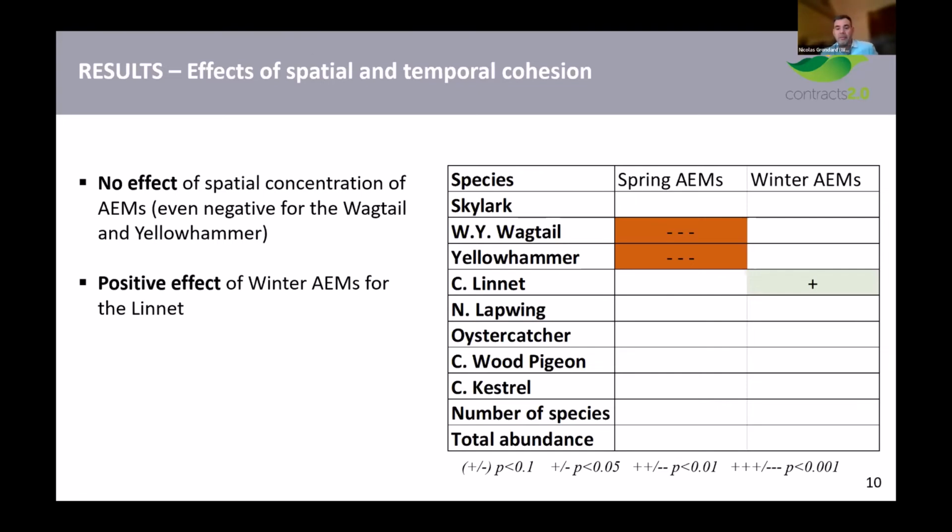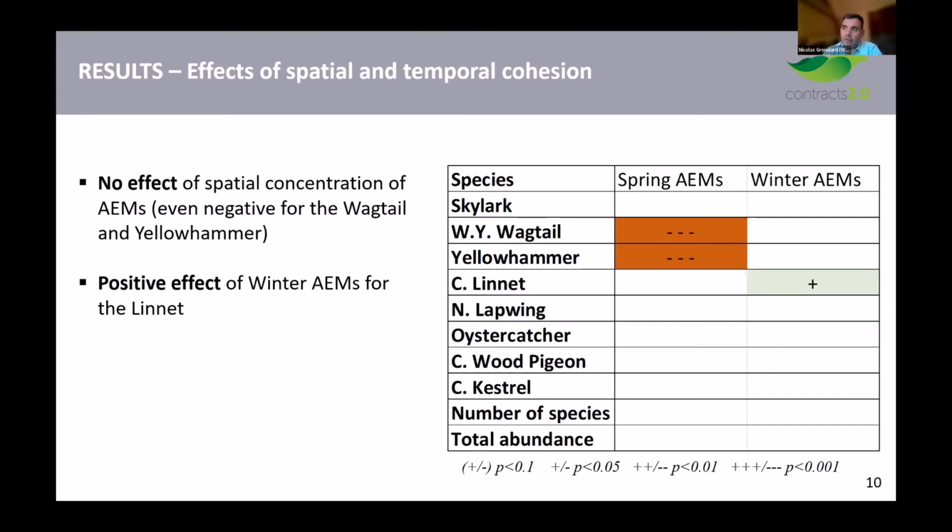And for this species, this would not be beneficial, since the wagtail depends on winter cereals as breeding habitat, and the measures are not used as breeding habitat by this species. So overall, this aspect of the effect of spatial concentration of measures really requires further analysis and careful interpretation before we can draw conclusions.